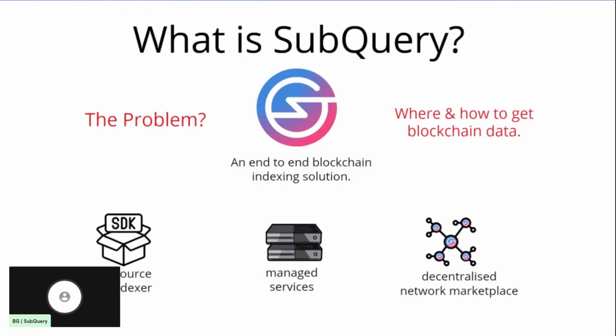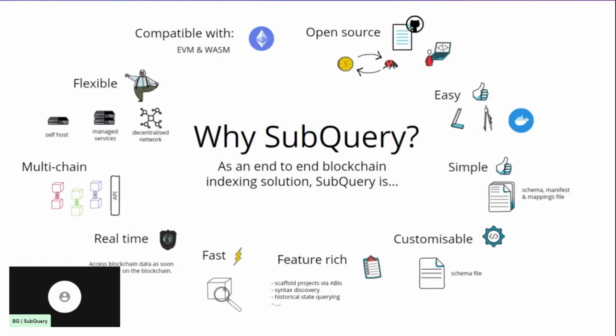You'll essentially have two choices. You'll have a cloud solution called managed services, which is a cloud solution developed specifically for SubQuery. And there's also a decentralized solution, a state-of-the-art network marketplace, the SubQuery Network, which is essentially a decentralized cloud specifically geared towards indexing use cases.